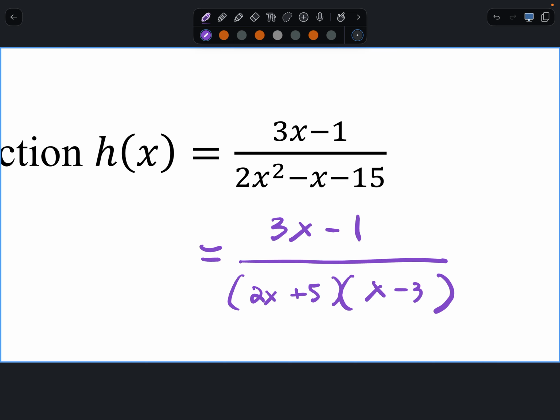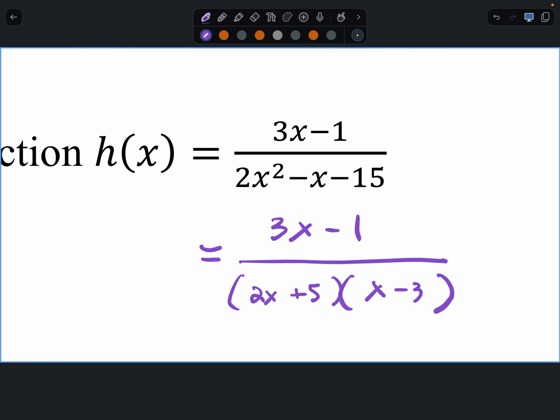I think minus 6, I thought. 6 and 5. Negative 6 and 5. Isn't it 5 minus 6, plus minus 6x plus 5x would give me negative x. 5 times negative 3 is negative 15. But don't you do 2 times negative 15?